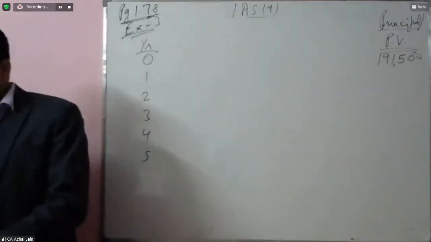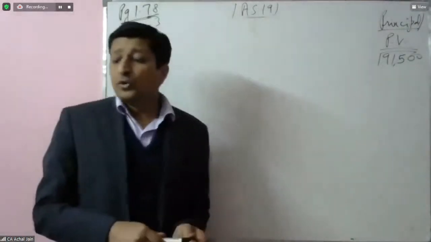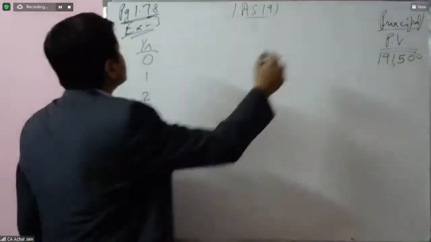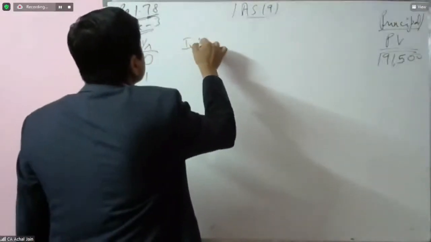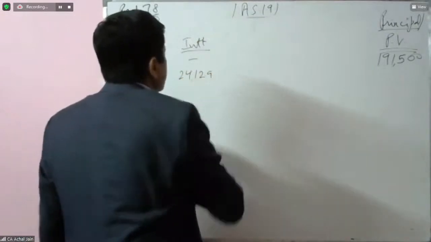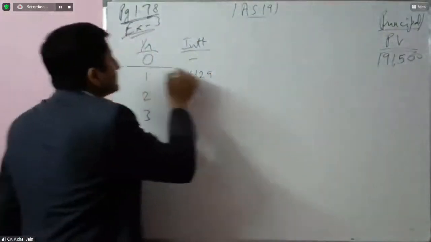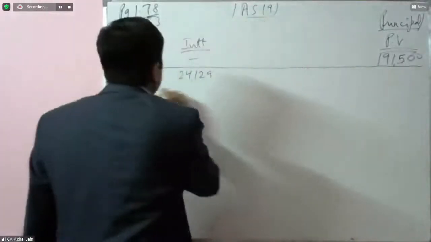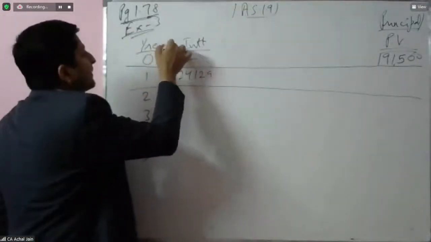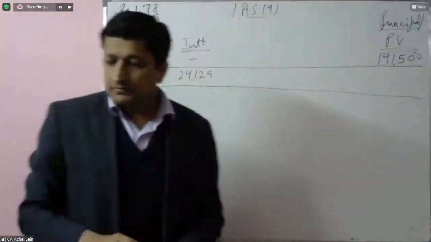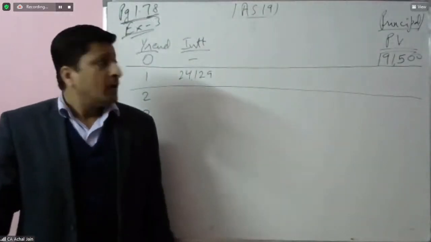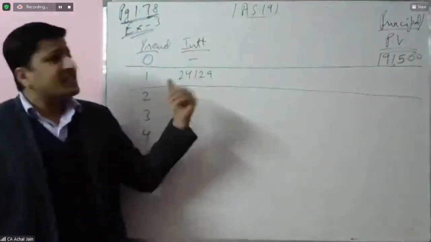The interest amount comes out to 24,129 at the end of 1 year. On this principal, this much interest will get added.